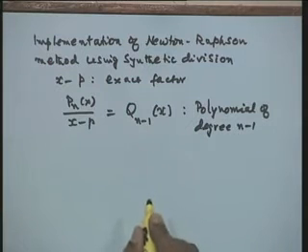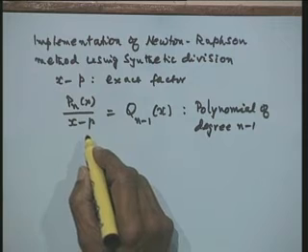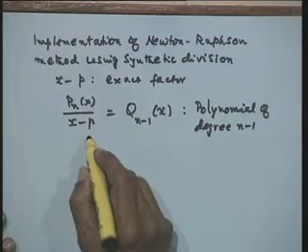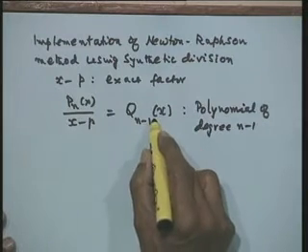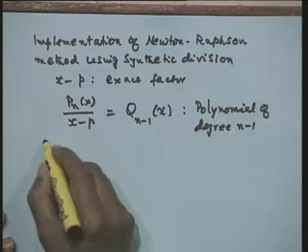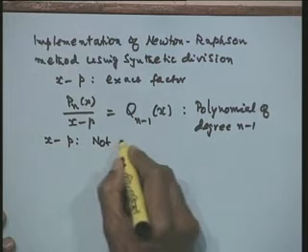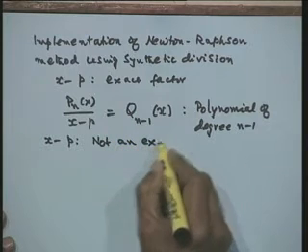If x minus p is not an exact factor, and I divide by x minus p, what I would get is a polynomial of degree n minus 1 plus a constant, which is the remainder. So let us now take the case where x minus p is not an exact factor.